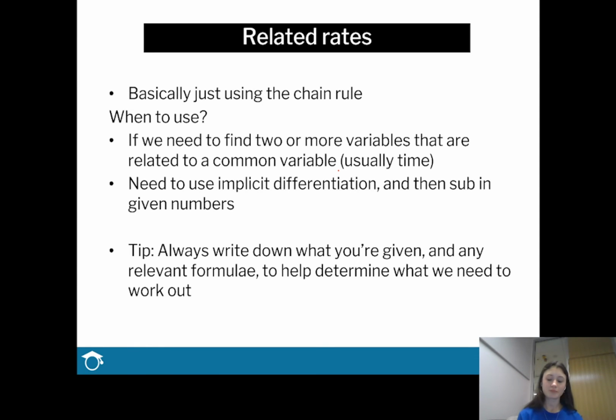So generally what you need to do is write down any related formulas from your formula sheet, whether that's like volume or area or whatever. And you might also need to write down any properties of the shapes you're working with.